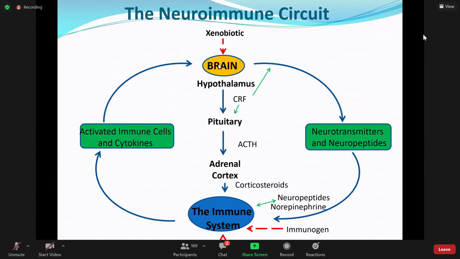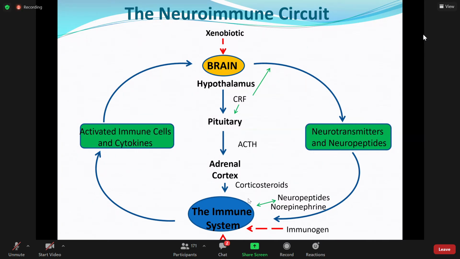Once those neuronal cells are activated, particularly in the hypothalamus, they can induce the production of neuropeptides, which then stimulate the pituitary to make ACTH, which then stimulates the adrenal cortex to make corticosteroids.